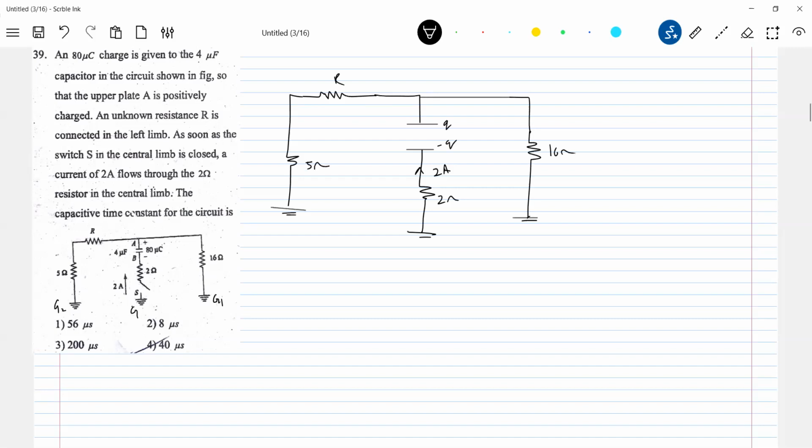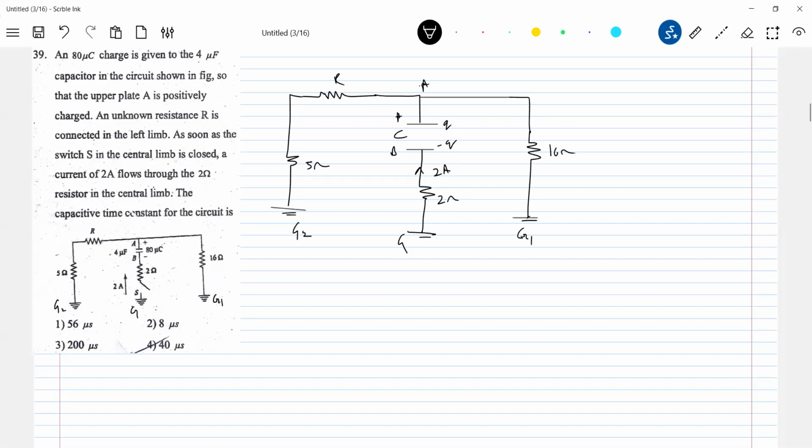Now look at this capacitance C. We know that charge Q is 80 microcoulomb and capacitance is 4 microfarad. So directly let me calculate the potential difference first. I'll call this point A. This is G, this is G2.